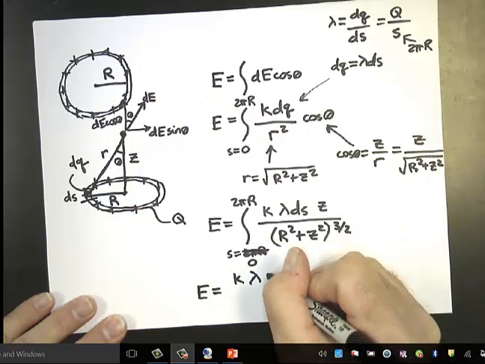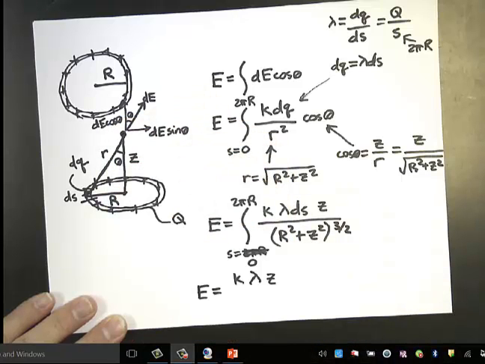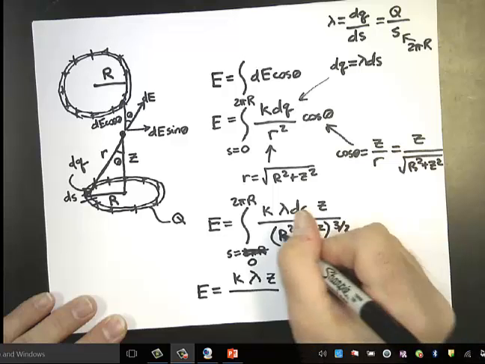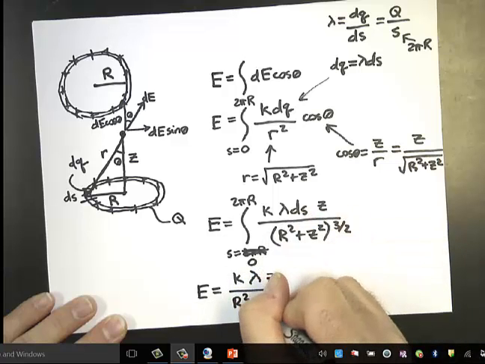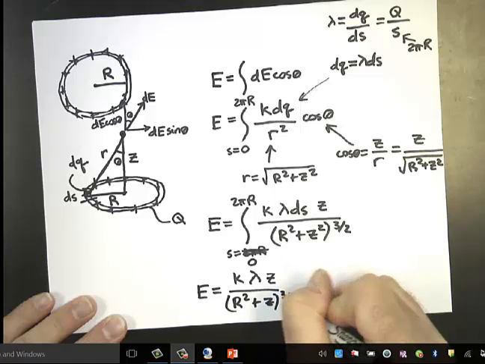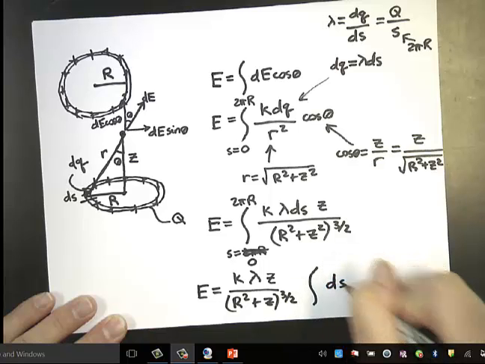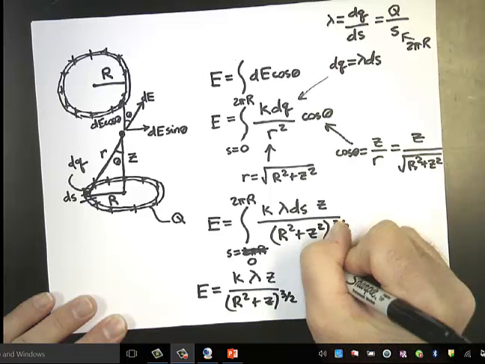Z is a constant for this particular problem. We're keeping Z a certain distance above the ring. R squared plus Z squared is all constant, and that's to the 3/2. The only thing left inside the integral is ds, and we're going to integrate it from 0 to 2 pi r.